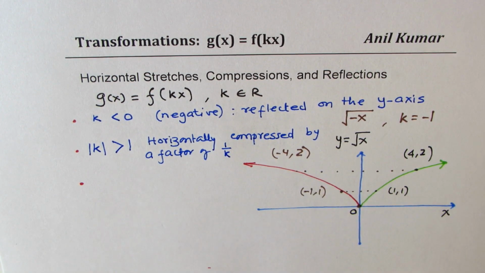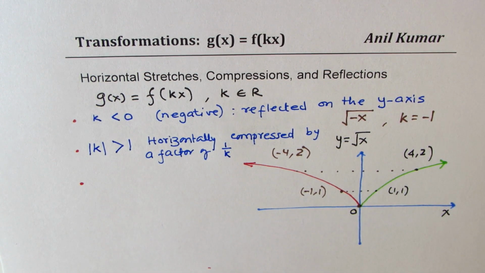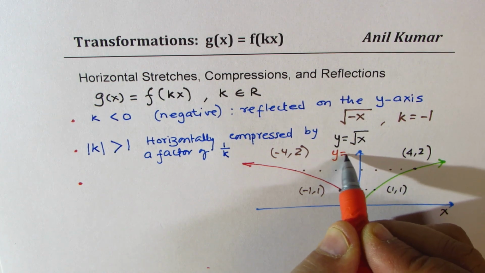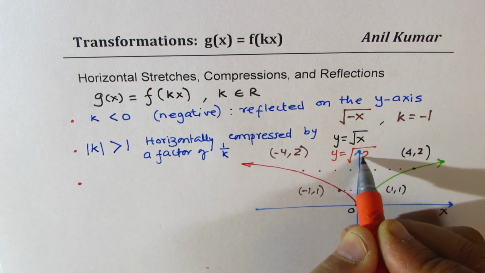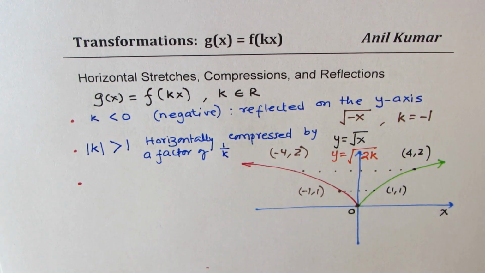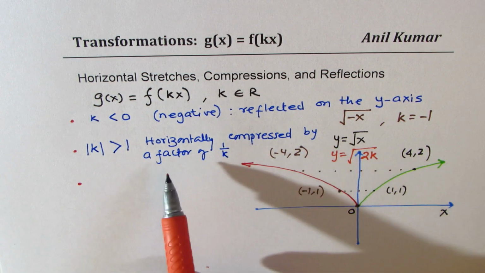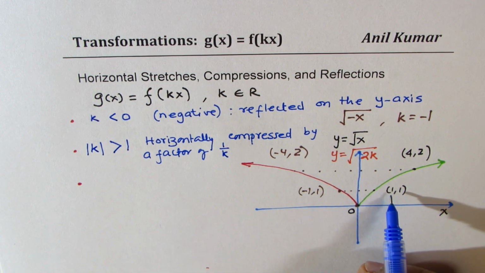Let me take another example for that. Let's say we take y equals square root of 2x. So 2 is greater than 1. In that case, horizontally compressed by a factor of 1 over k really means that the x values will now become half of the original values.